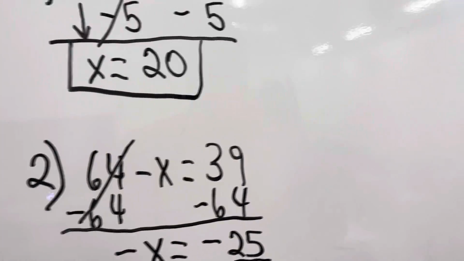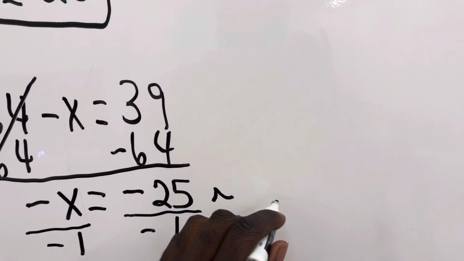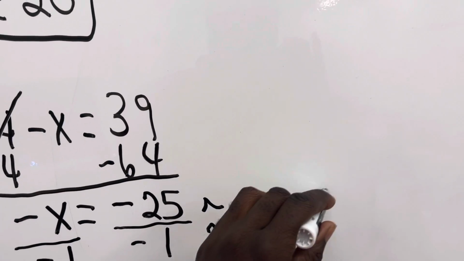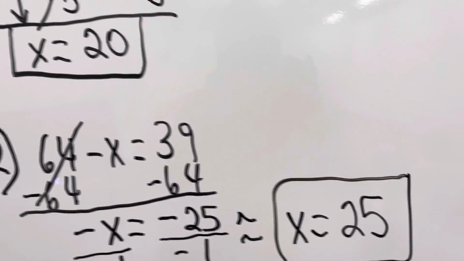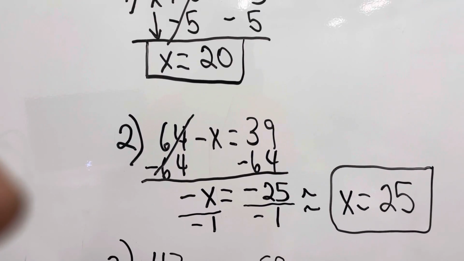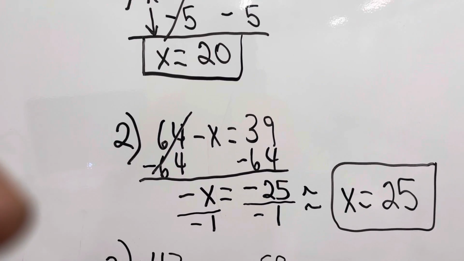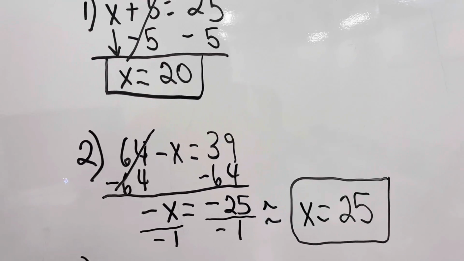So now, when we come up to our final answer, it'll be x equals 25. Do you guys all understand this problem? Why we have to divide by -1? So we can turn the negative x into a positive x.